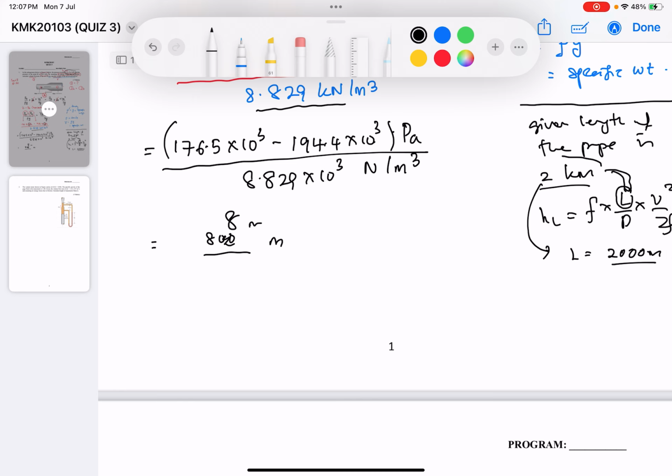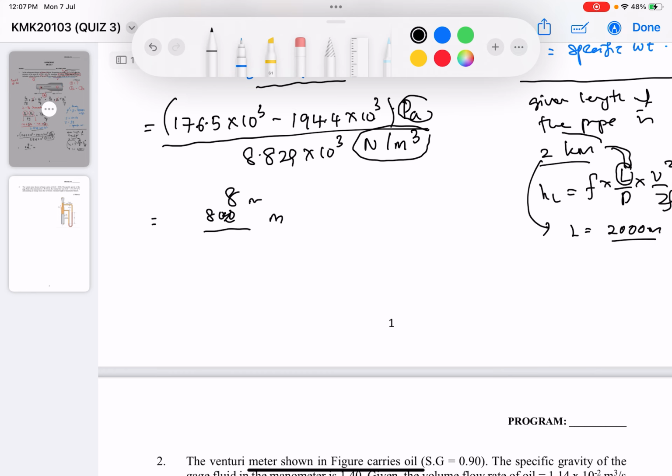Actually, I can prove why pascal divided by newton per meter cube ends up with meters. So let's check here. Pascal is a unit of pressure, and I know that pressure equals force divided by area.